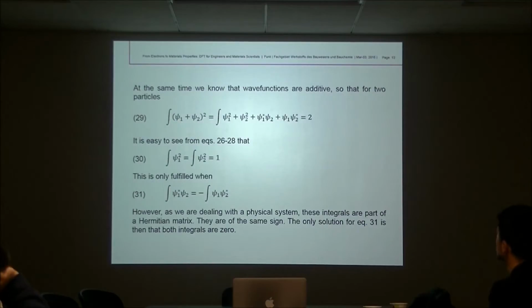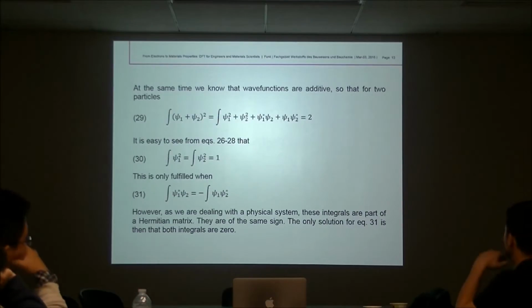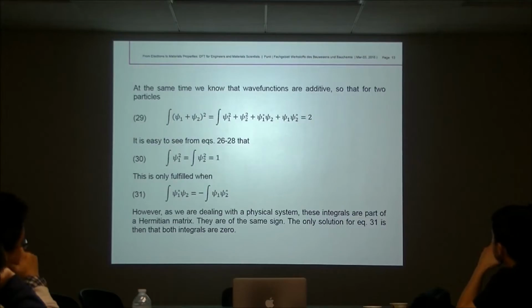From there we get another one. We know that wave functions are additive, and we know that for two particles the integral should be 2. So we are adding our wave functions, and then we have the square. If I just multiply, please remember that wave functions can be complex. And as such, we have complex conjugate times non-conjugate plus non-conjugate times conjugate.